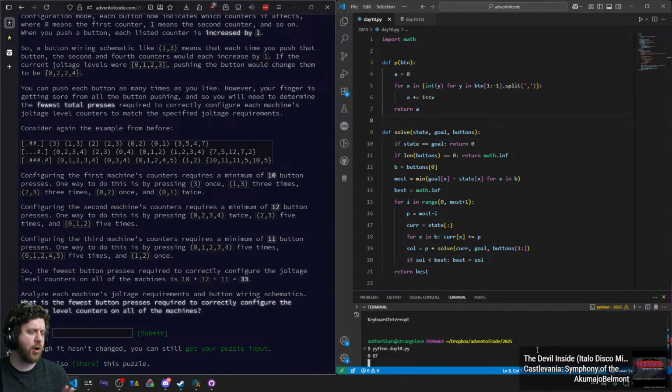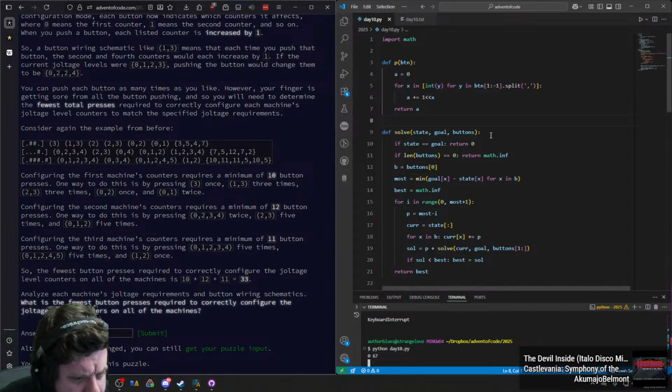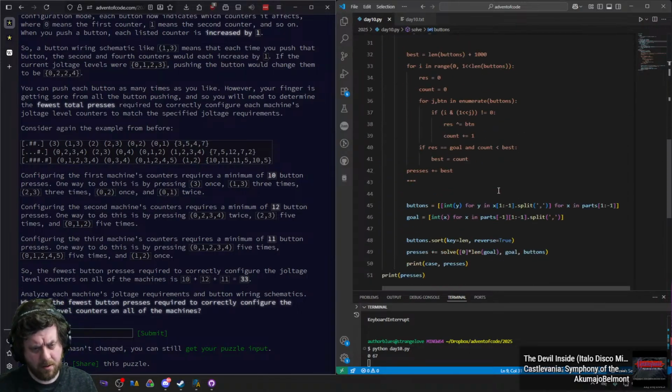You know, maybe the problem here is that I'm just not branch and bounding. Let me try something. So I'm branching, but I'm not bounding. And I wonder if just adding a simple bound would help.